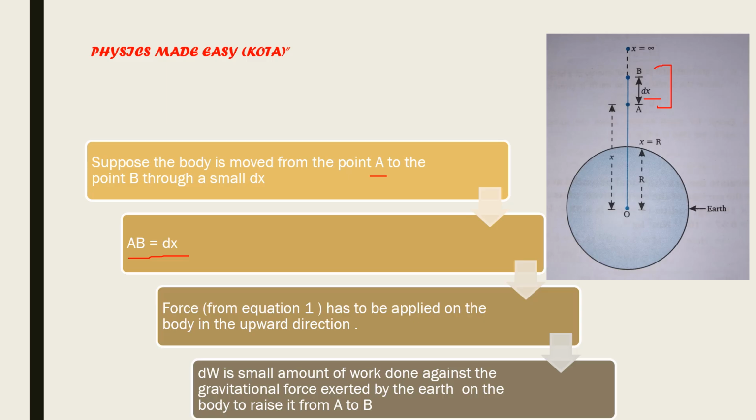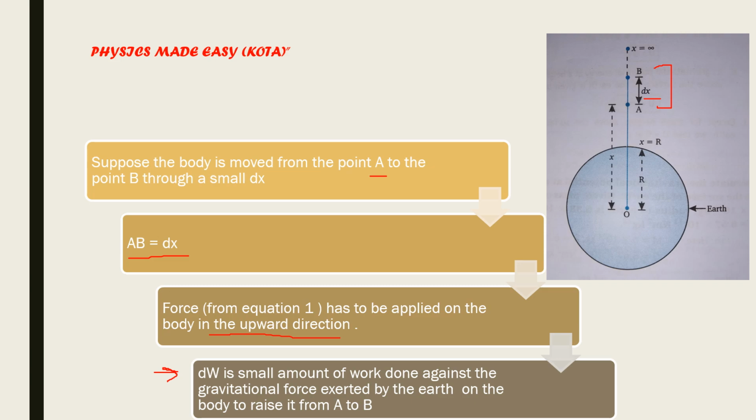From the previous equation of the force of attraction from Newton's law of gravitation, that force has to be applied on the body in the upward direction. So in moving a body from point A to point B, we have to do some work, and let us suppose that it is a small amount of work, that is dW. Why do we take a small amount of work? Because a small distance is covered by the body.